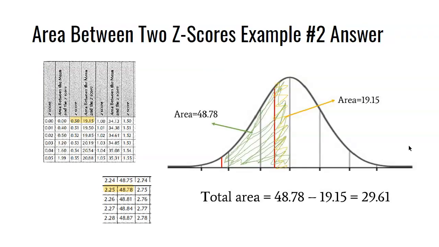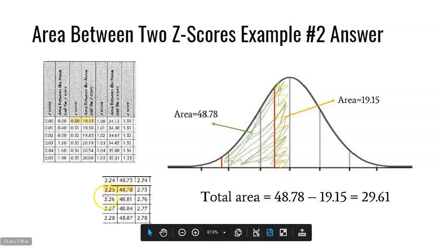Okay, so we have 2 observations on the left-hand side of the mean. So first, let's start with our negative 2.25. We already did this one. We know that 2.25 has an associated area of 48.78. So remember, this is between the mean and the z-score. So the green is all of this, between the mean and 2.25.